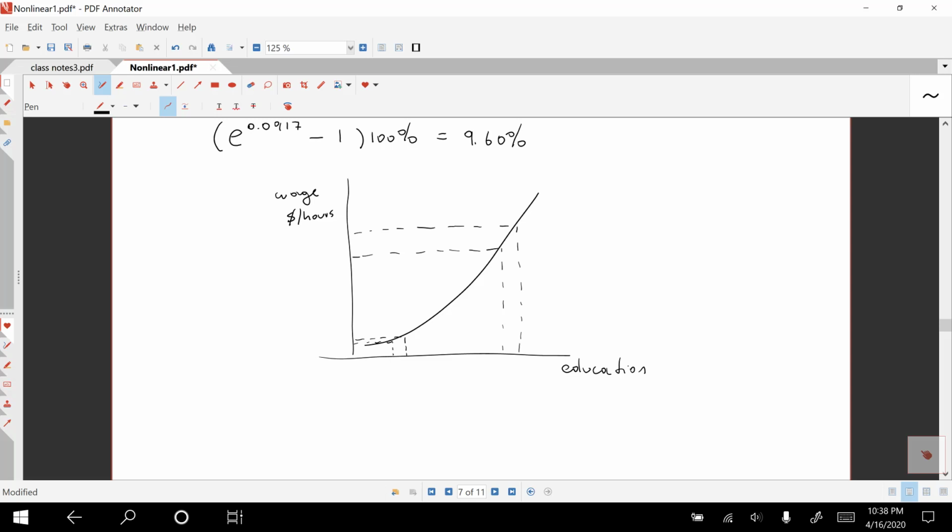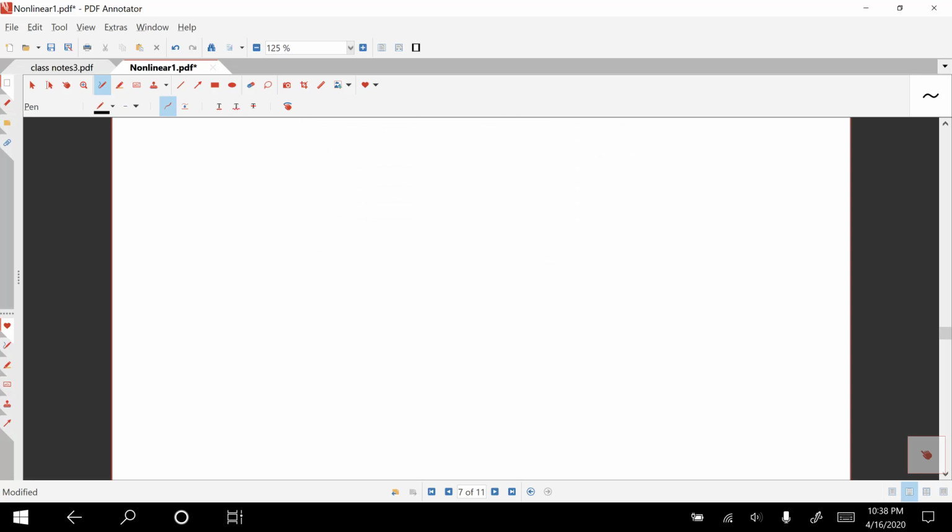Now let's look at the level log model. So as you would expect, this is a model where we have y equal to beta naught plus beta 1 times the log of x, plus other terms.